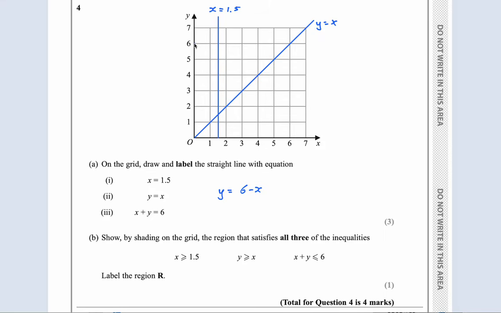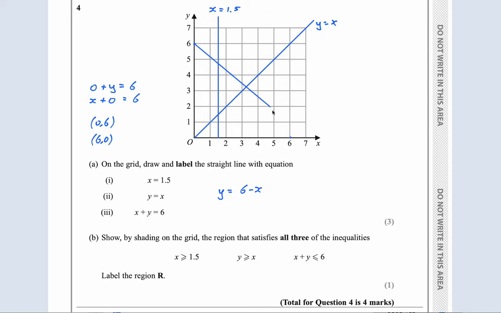If I just sub in 0 for x, then y equals 6, because 0 plus y equals 6. And when y is 0, x plus 0 equals 6. So here, when x is 0, y is 6, and here, when y is 0, x is 6. So that means it's going to pass through these 2 points. The 2 points would be 0, 6, and 6, 0.